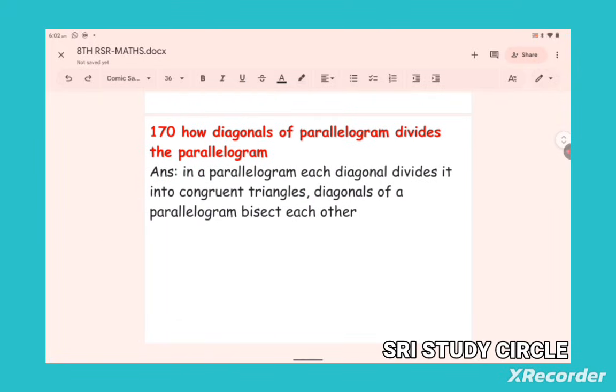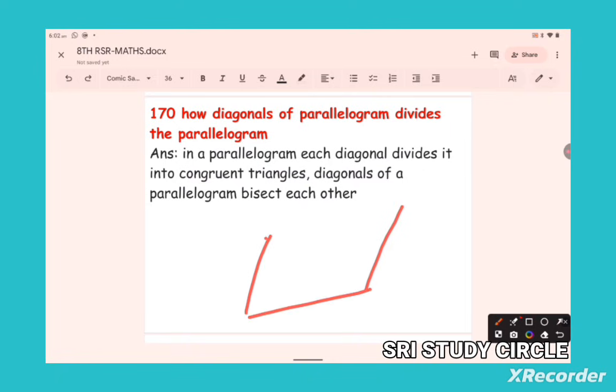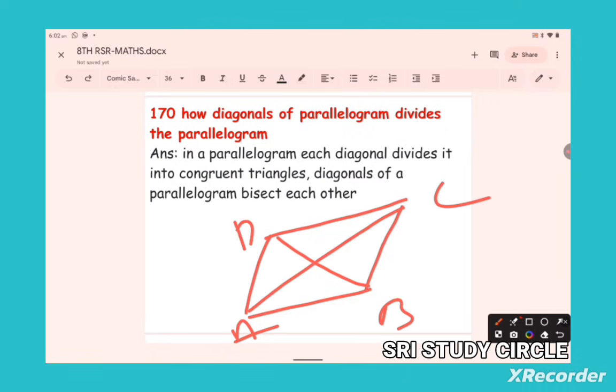Now the next question. How do the diagonals of a parallelogram divide the parallelogram? Take parallelogram ABCD, with AC a diagonal and BD a diagonal. In a parallelogram, one diagonal divides the parallelogram into two congruent triangles.